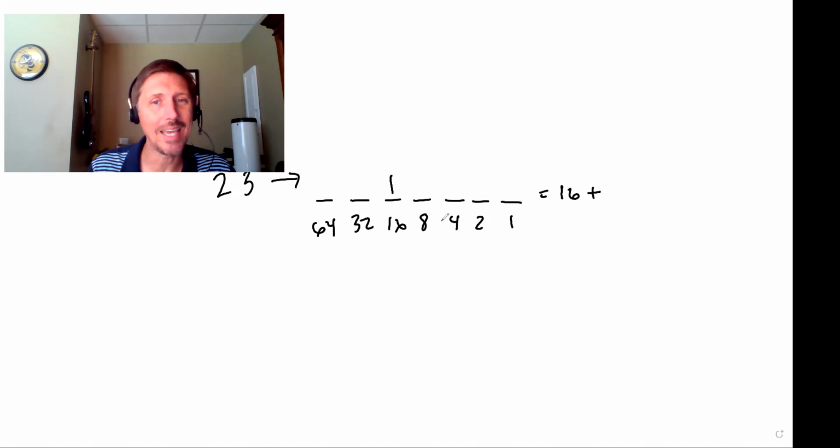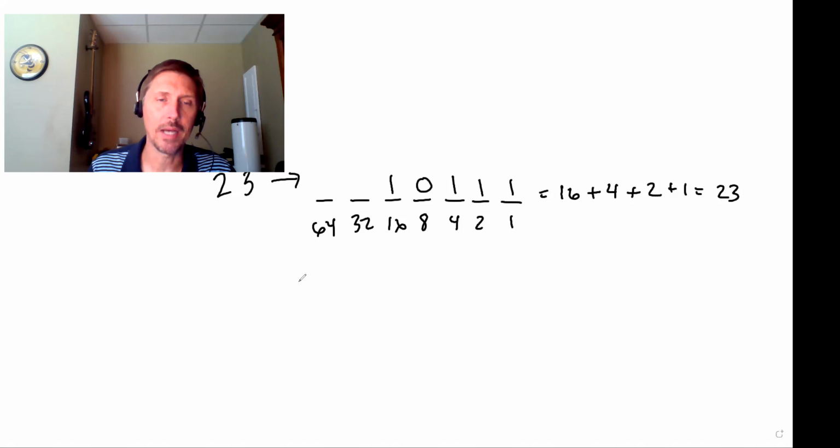So 16 plus 8 is going to put us at 24, so we know that's not going to be there. For 4, 16 plus 4 is going to give us 20, so we can put a 1 there, and we're going to add a 4 to our number over here. We're still 3 away from 23. So what are we going to do? We're going to put a 1 here, that'll give us a 2. And then we'll put another 1 here, which is going to give us a 1. And so when we add all that up, we get the decimal number 23.